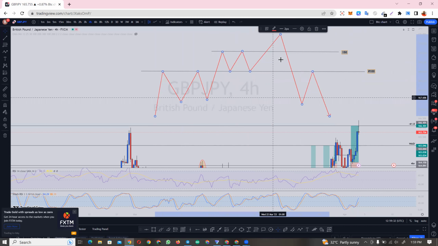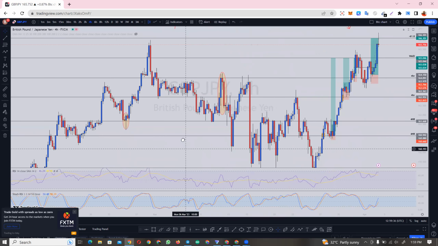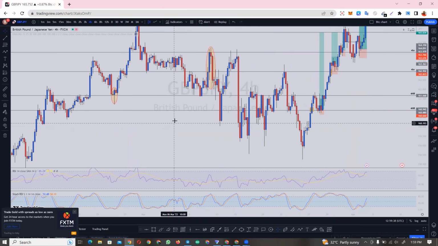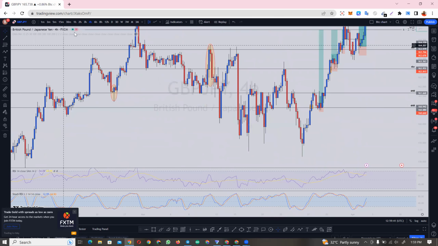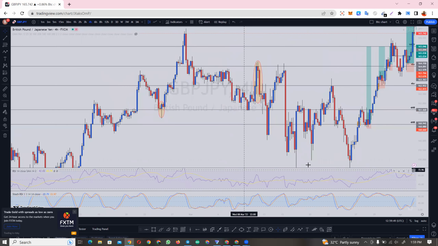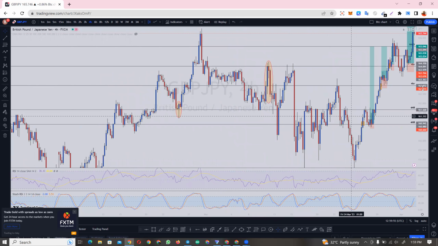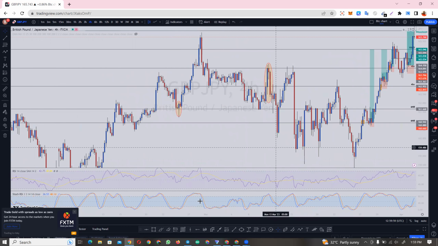Coming down to the chart, I marked this chart up. First of all, I saw a divergence on the 1 hour time frame, but let me not go to the 1 hour first. Let's deal particularly with supply and demand zones in this session.